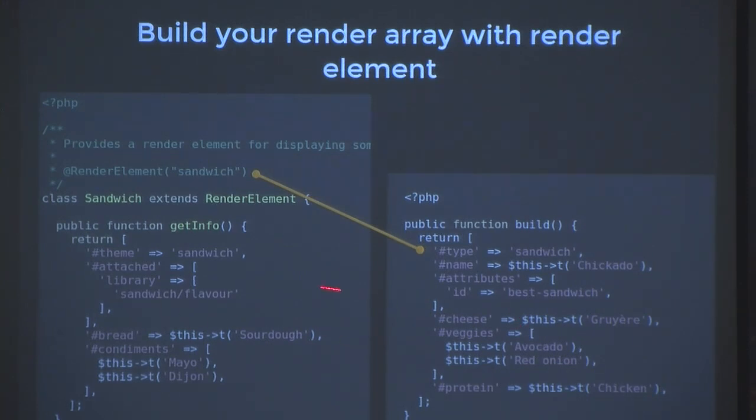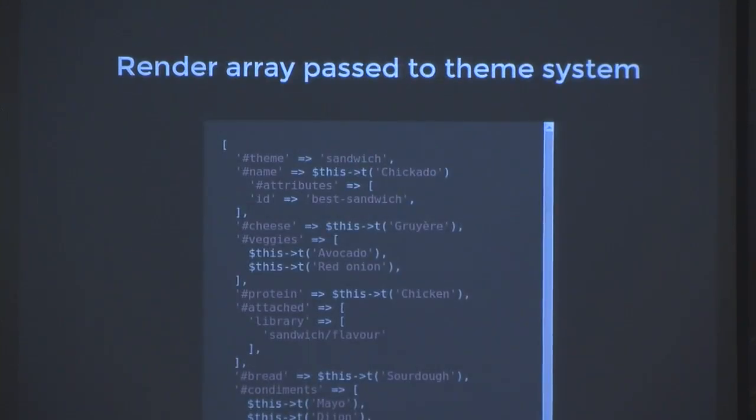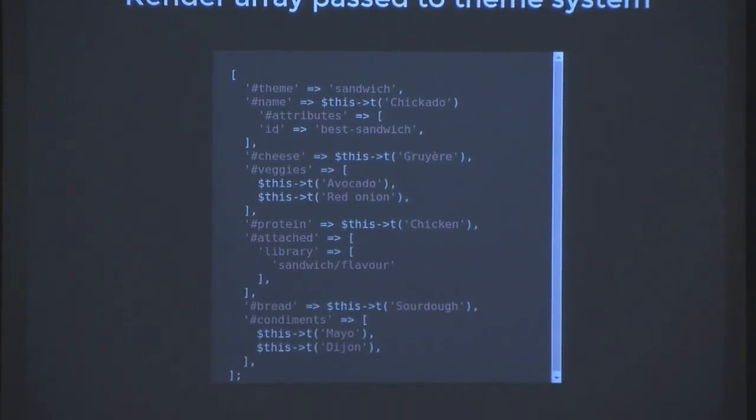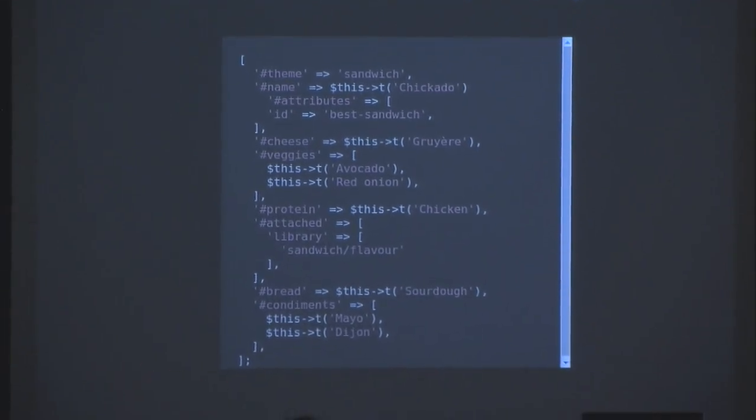Also, the bread has a default value. It is always the same. Also, the condiments are always the same. So we don't want each of the render arrays to have to add them manually. We specify them in the render element. And what happens after all is these two are combined, and it becomes one giant render array where you can see all of these items.